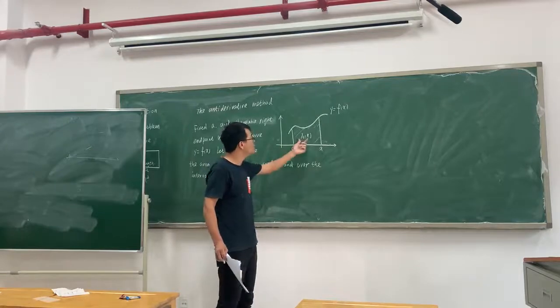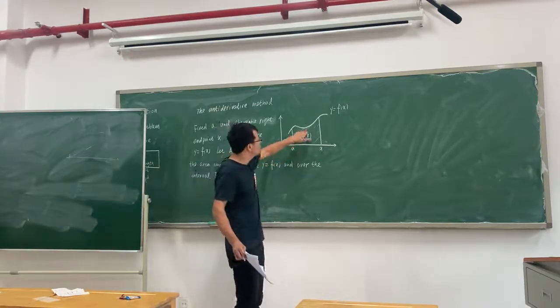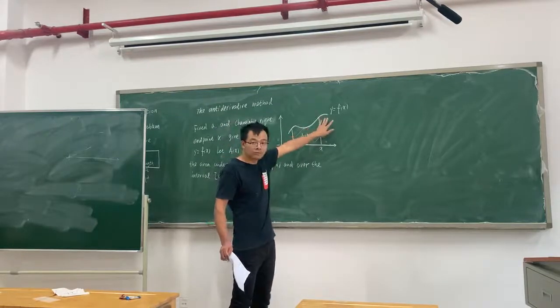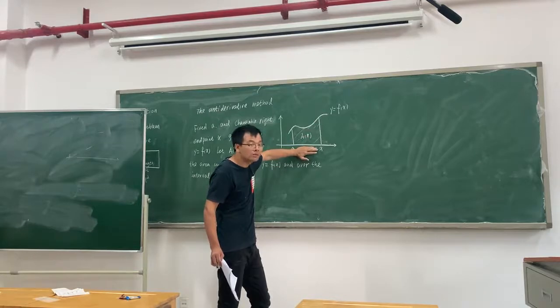So here we use A(x) to denote the area under the curve and above the closed interval.